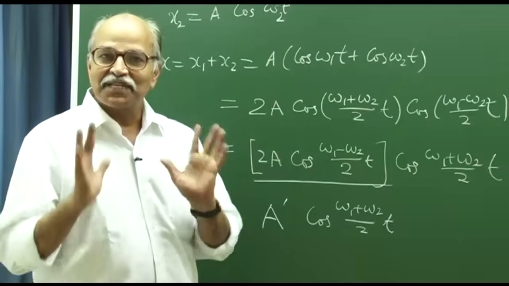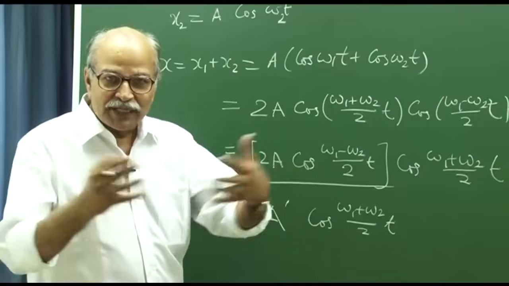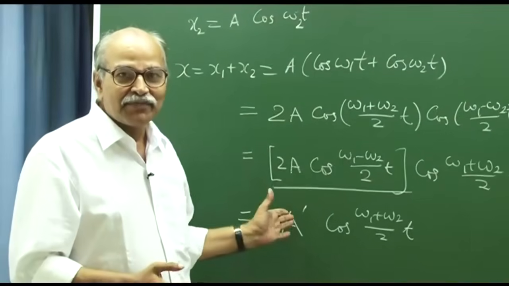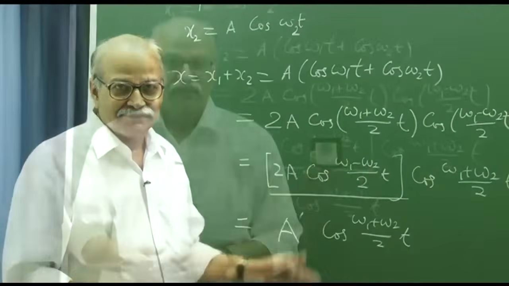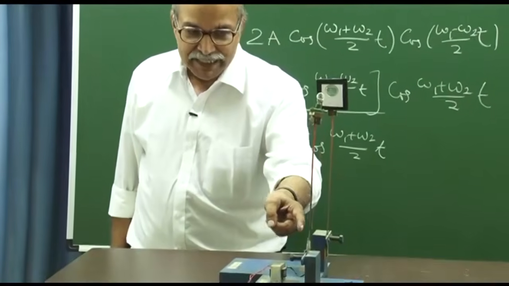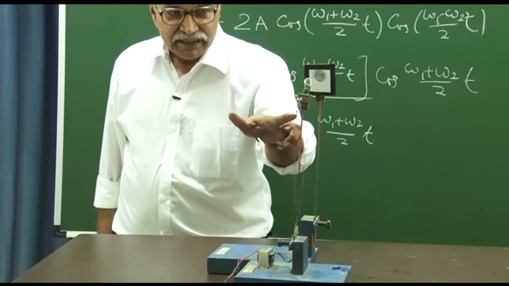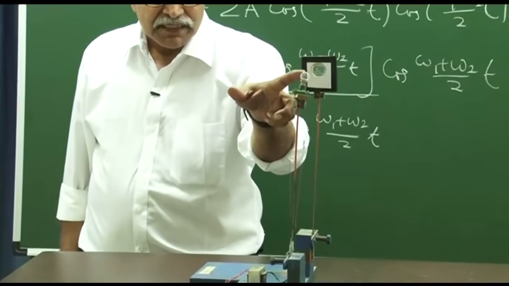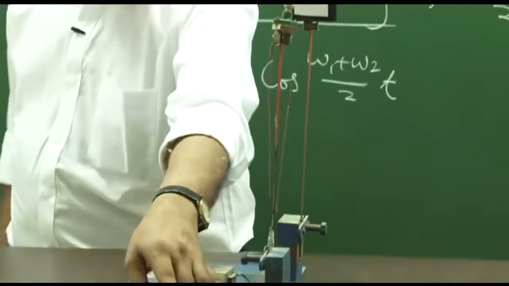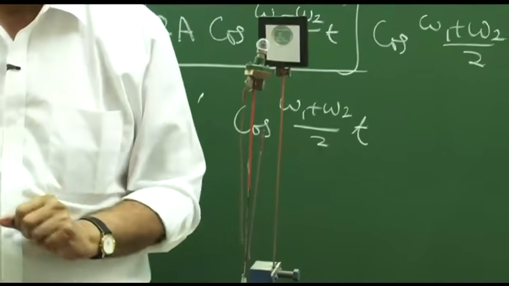So, I have a beautiful experiment to demonstrate this phenomenon of beats, where two frequencies will be given to a system and you will see how the amplitude periodically changes. So, here is the apparatus. We have a hacksaw blade mounted on a frame, and on this blade we have fixed this filament bulb, which is connected to a power source through these wires so that I can put on the bulb.